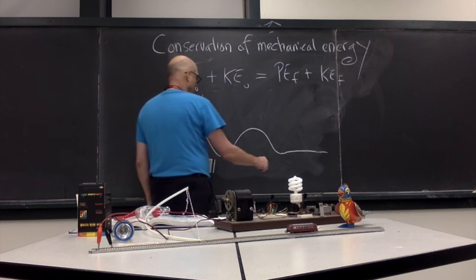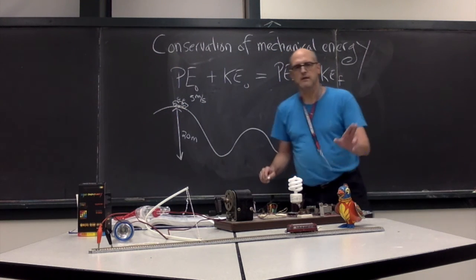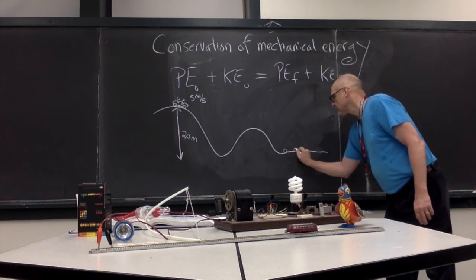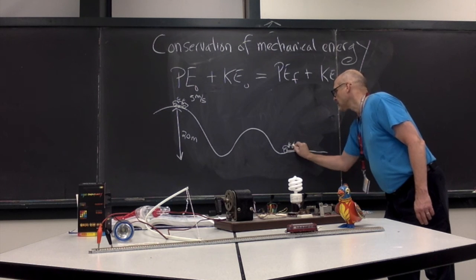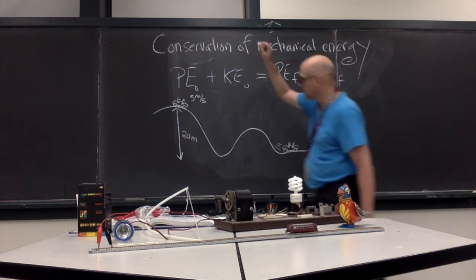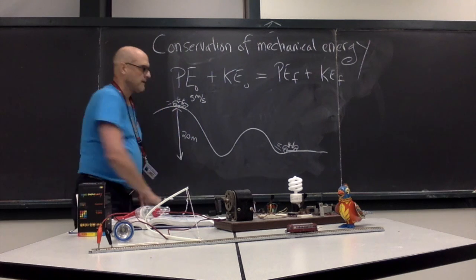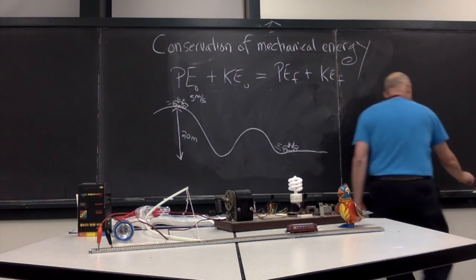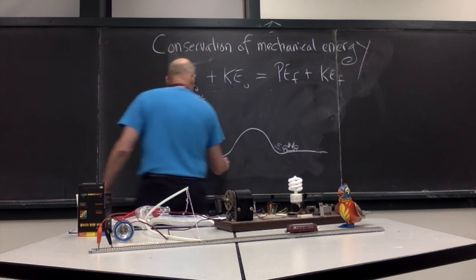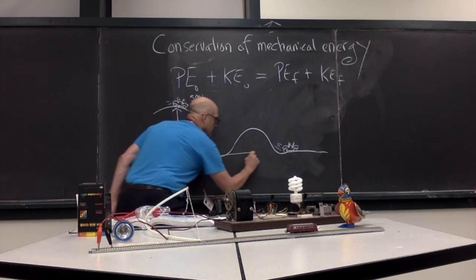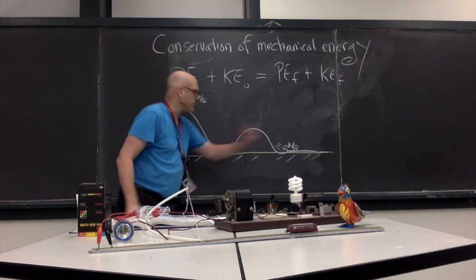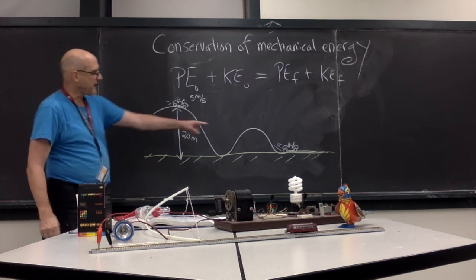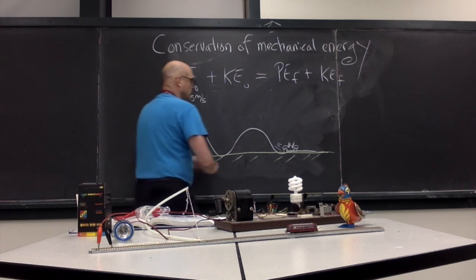And let's say we want to know what its speed is when it's over here. Now this hill is measured to the ground level, and that's the level the coaster is at over here. So how fast is it traveling over here?